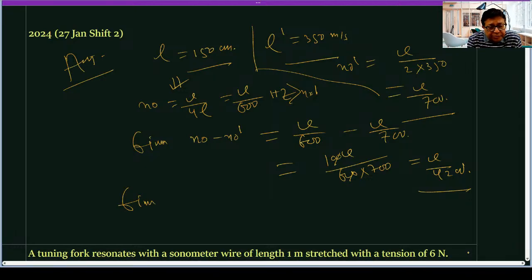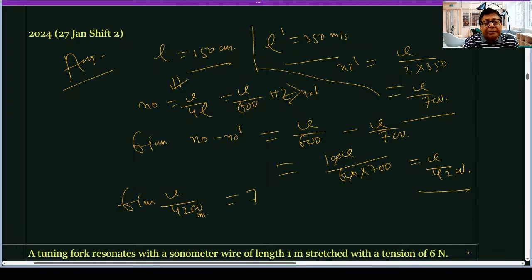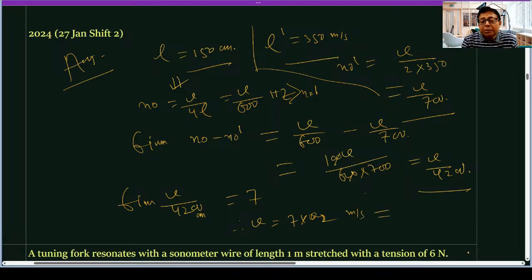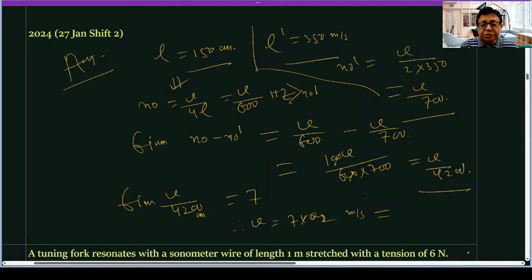Given, V by 4200, you make it meter. This is centimeter. This is equal to how much? 7. 7 into 42, so you just put the value over there, 4200.